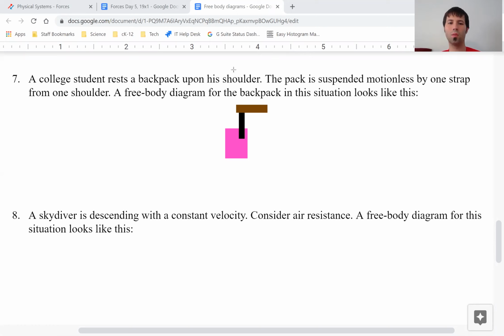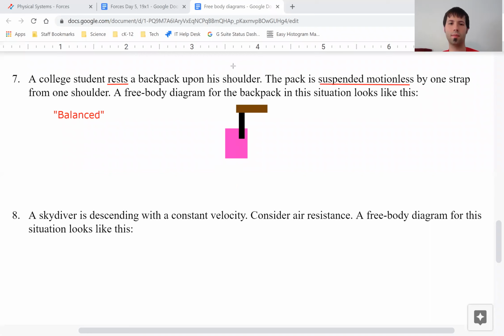And so the key words here: student rests a backpack. The pack is suspended motionless. So those 2 words should help you realize that this is a balanced situation. And here I have force of gravity.